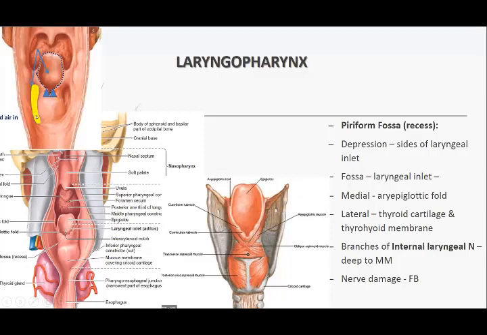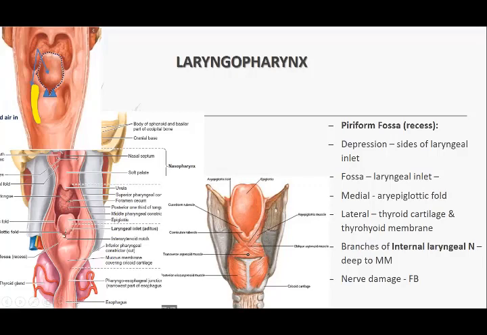I have marked this in yellow because it extends up to here. Okay, this is the lateral wall of the pharynx, the laryngopharynx. So this fold is a fold of mucous membrane covering the lateral side of the epiglottis and the cartilages of the larynx.